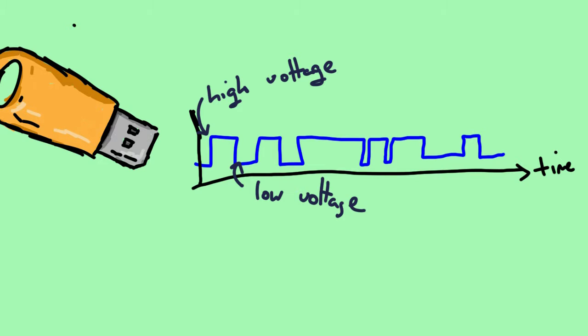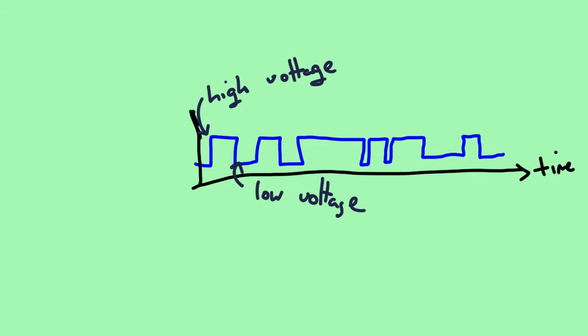To make sense of this, let's get rid of the USB and use a light instead and see how it acts over time with this signal. At the start, we have a low voltage and the light is off. We then reach this point and our light turns on for a certain amount of time. We go down to low again and our light turns off.